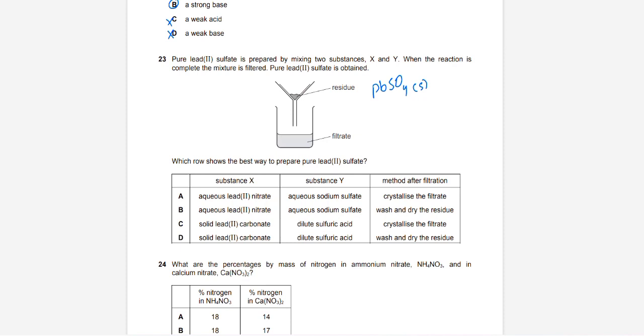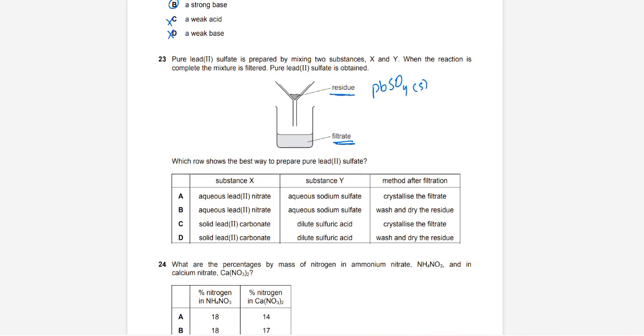Two and two are mixed, X and Y. So lead sulfate is formed, which is the precipitate. When we filter it, it will be the residue, and the other salt solution, which is soluble in water, becomes the filtrate. Which row shows the best way to prepare pure lead sulfate? Lead nitrate and aqueous sodium sulfate.